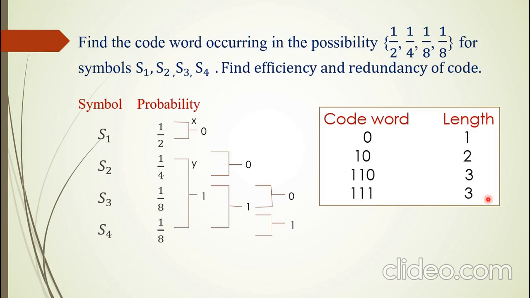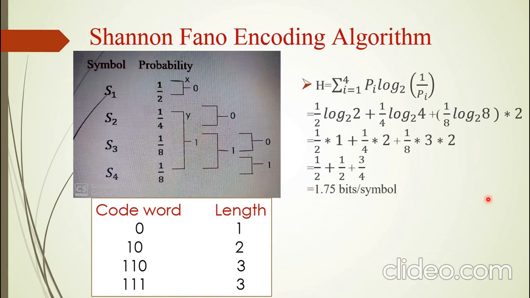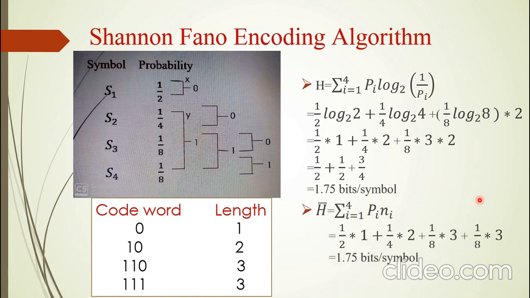Now as I have told, for the calculation of efficiency, the formula of efficiency is eta equal to capital H by H bar, where capital H is entropy, which is summation of i equal to 1 to n, pi log base 2 1 by pi.